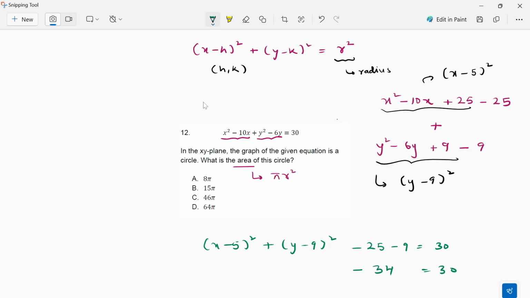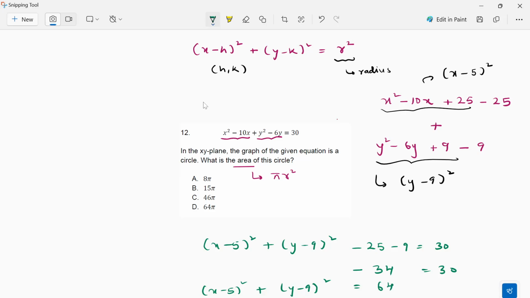Then I add a 34 on both sides, so finally we get the equation (x minus 5) whole square plus (y minus 9) whole square is equal to 30 plus 34, which is 64.